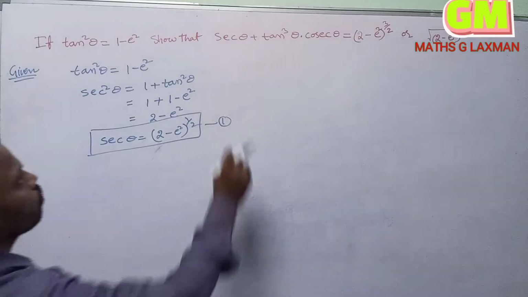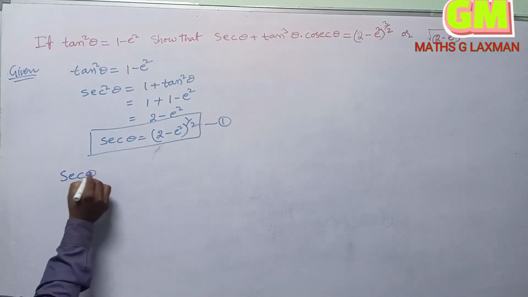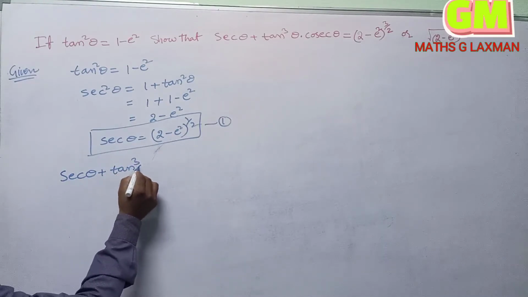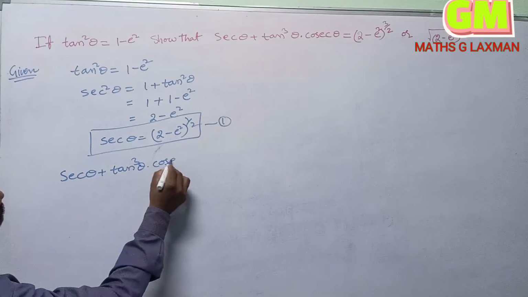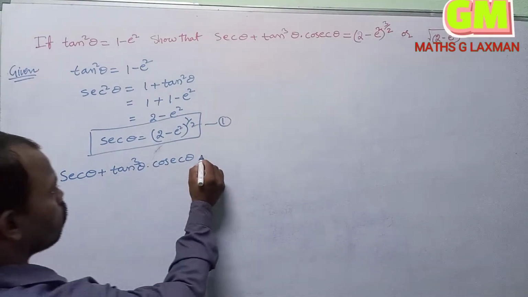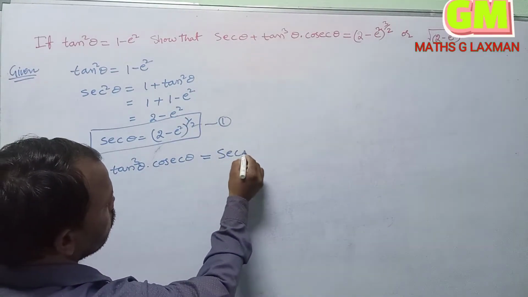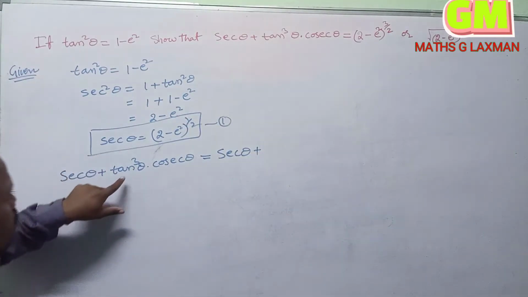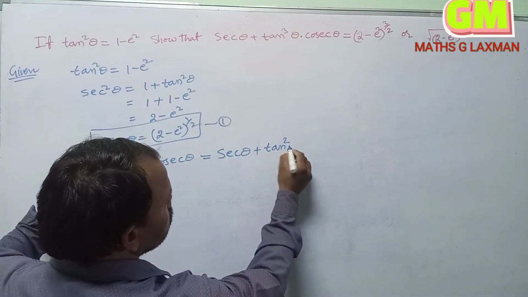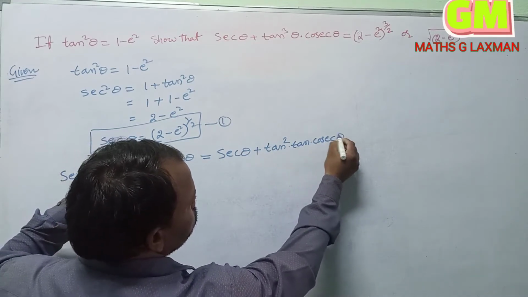So what is asking to find out? Secant theta plus tan cube theta into cosec theta. So this value we need to find out. So for this, what I am doing here, secant theta plus tan cube theta, we should write it as tan square theta into tan theta into cosec theta, right?